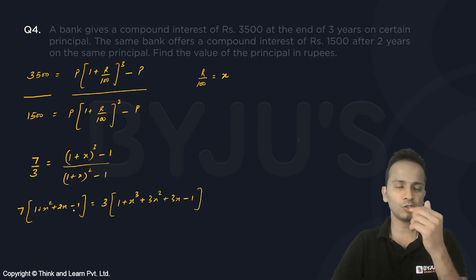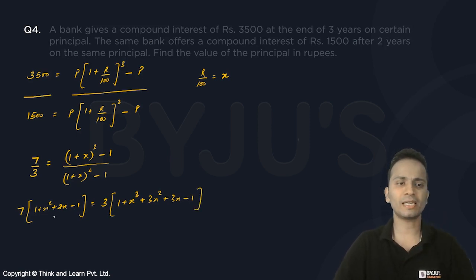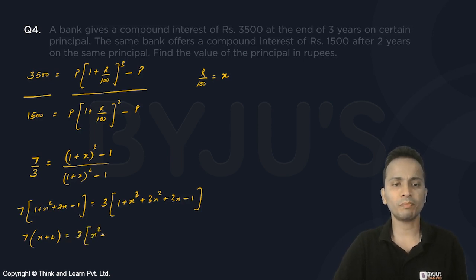Okay. A minus 1 on both sides inside the brackets will be removed and then I can cancel out x as well. So after cancelling x, I will have x plus 2 on the left hand side inside the bracket and 3 times x square plus 3x plus 3.